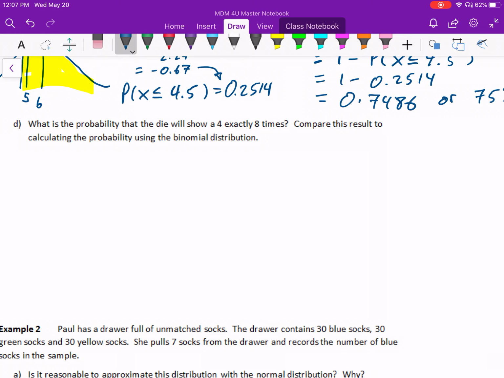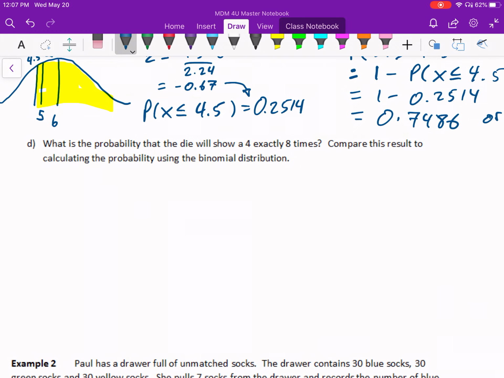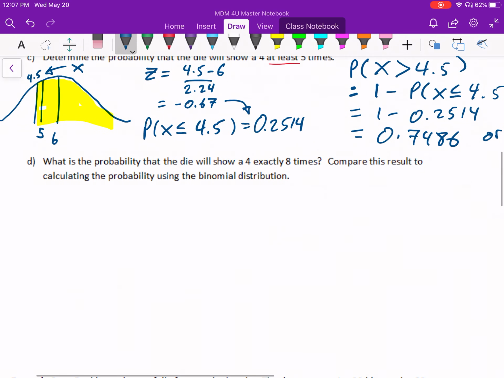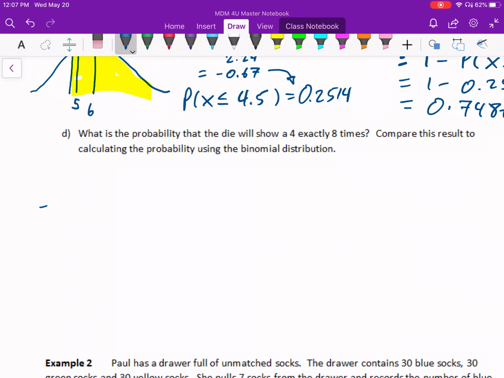What's the probability that a die will show 4 exactly 8 times? Remember, this is discrete, so it is possible. There is a probability associated with that, as long as we incorporate the continuity correction. We've already calculated in part B the average and the standard deviation, so we can reuse those.